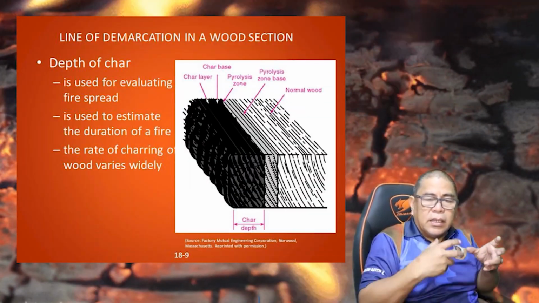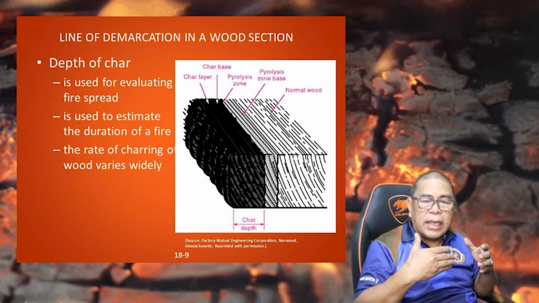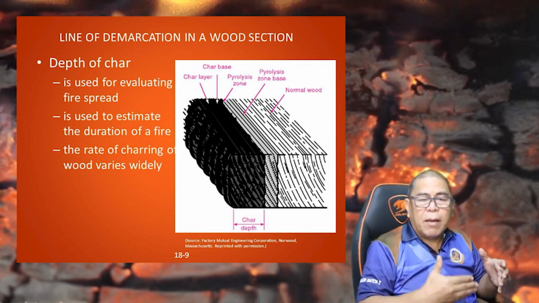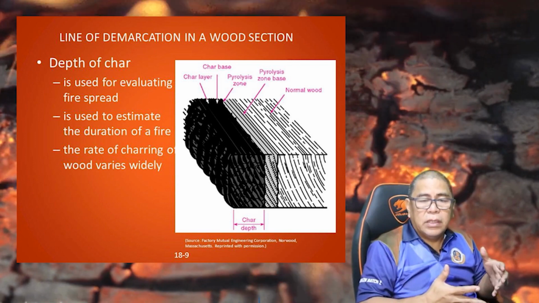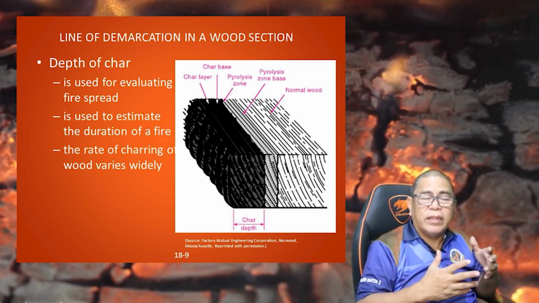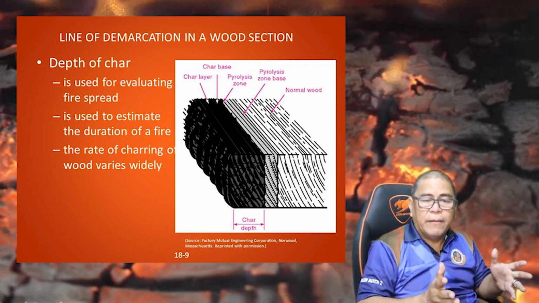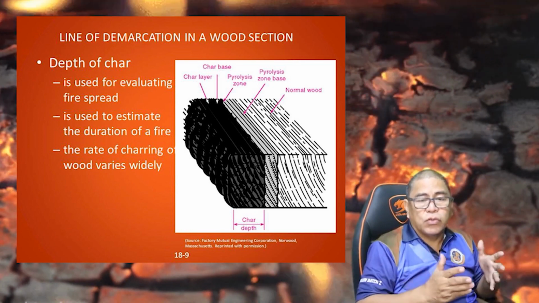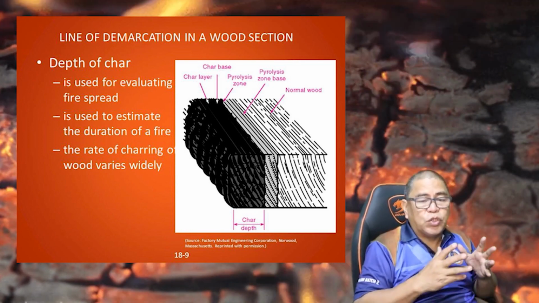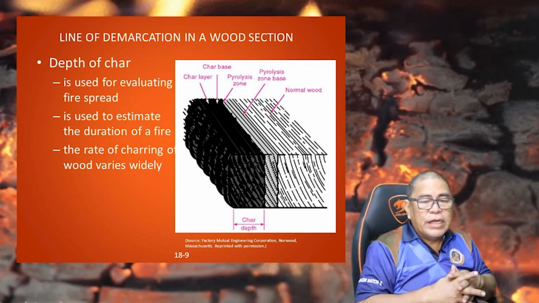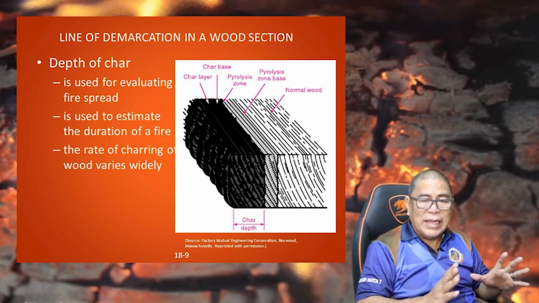The deepness, kung gaano kalalim ang tama ng apoy sa kahoy, is also used for evaluating fire spread. It is also used to estimate the duration of fire. And the rate of charring of wood varies widely.